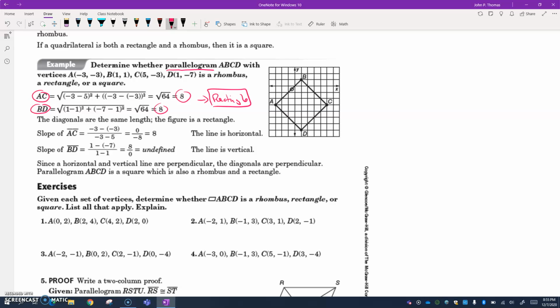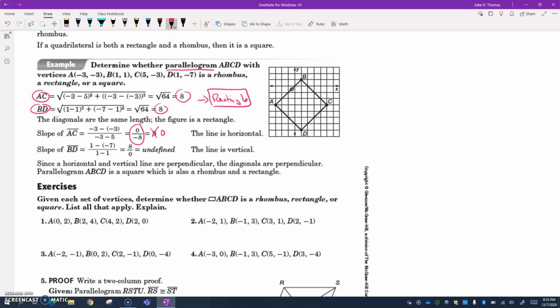Now the next thing they did is they went to the slopes. We know if the slopes of the diagonals are opposite reciprocals, so those two lines are perpendicular, then we're going to have a rhombus. What they found is that one of the slopes was 0 over 8, and they miswrote there, that should equal 0.